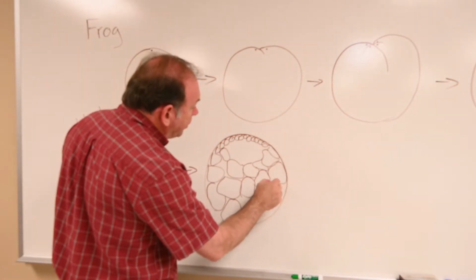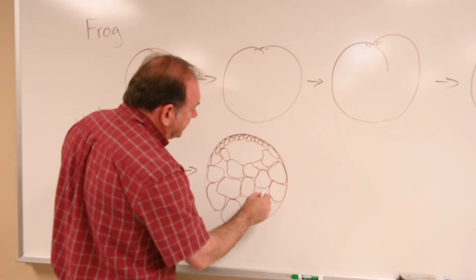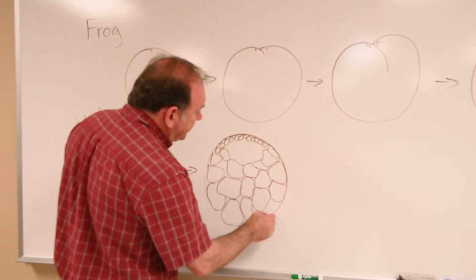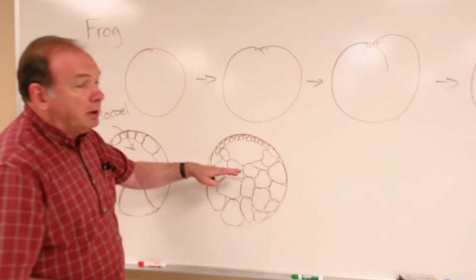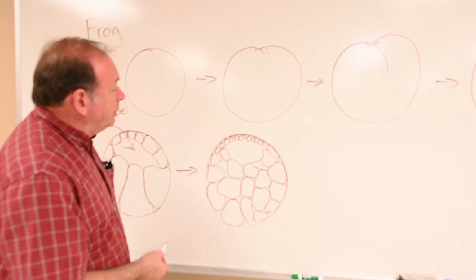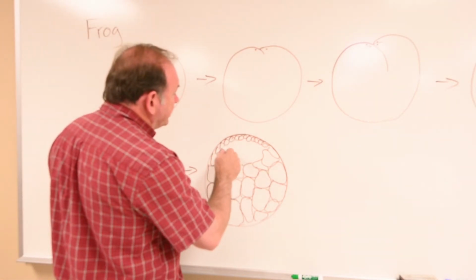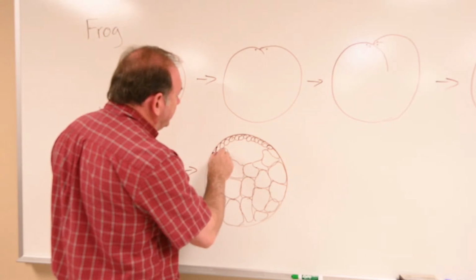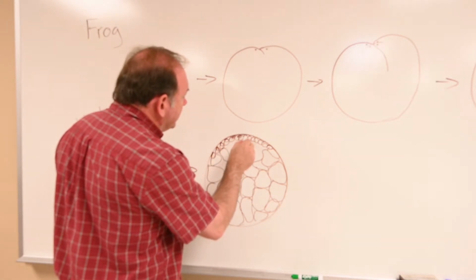They're smaller than they were, and they're still dividing, but they're much larger block-like cells than those you find at the animal pole. So these are all containing yolk still, and these smaller cells across the top here would not contain so much yolk.